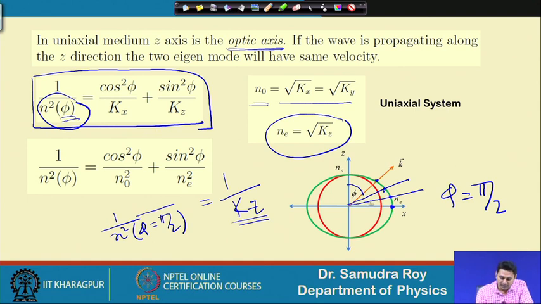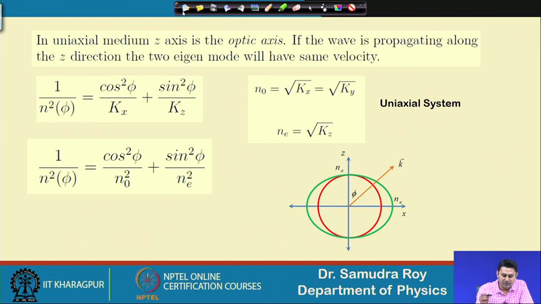Now, if I launch the electric field along this direction, so k is along this direction, that means phi is equal to 0. So let me erase whatever we have. We are launching k along this direction, so that phi is equal to 0.